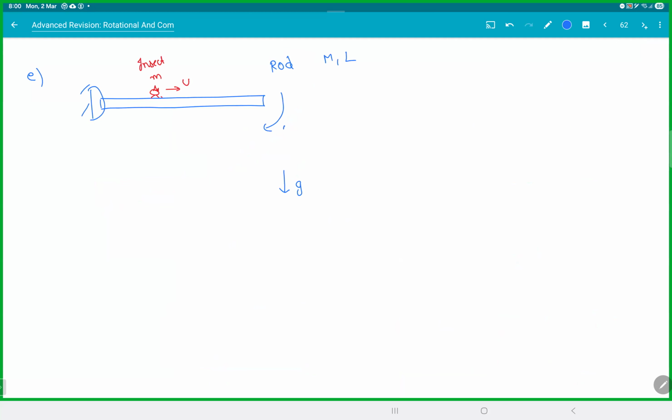Now, because of the gravity, the rod should fall down. And if the rod is falling, the speed should increase. But we observe this insect starts going with a certain speed u as function of the distance x. It is observed the rod maintains a constant omega.